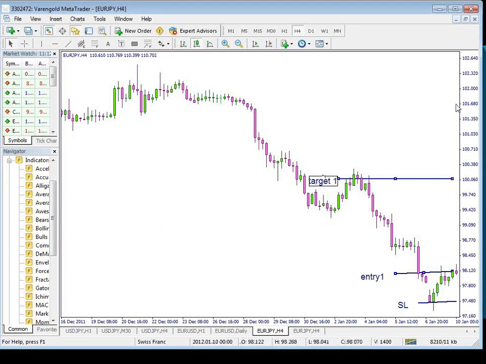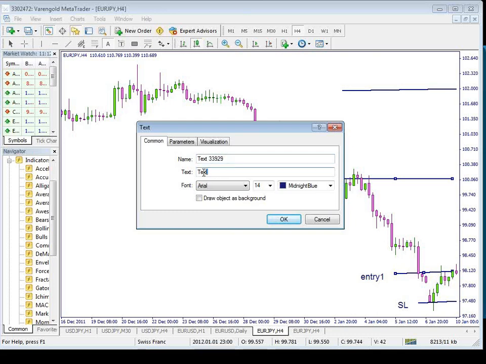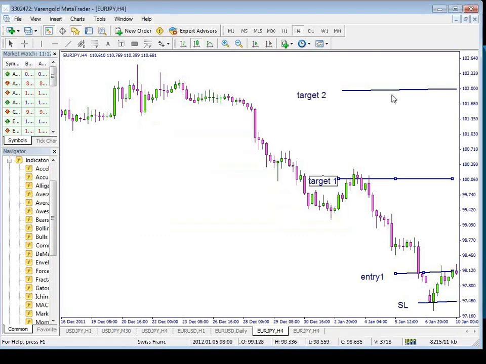Target 2 around 102. And target 3 around 105.63.